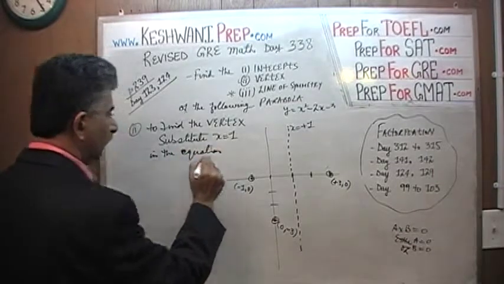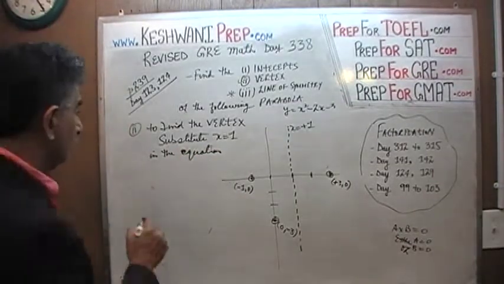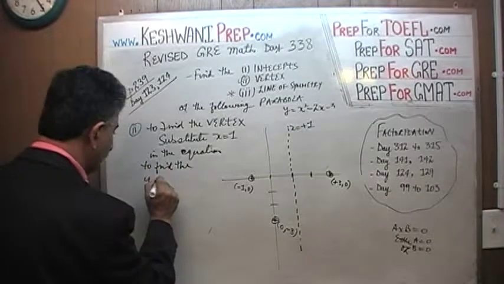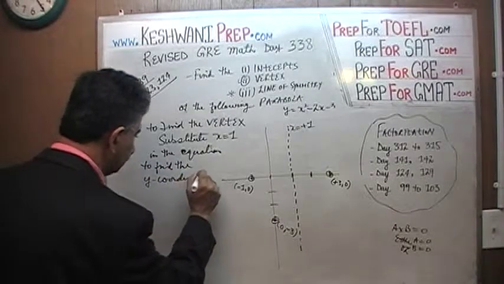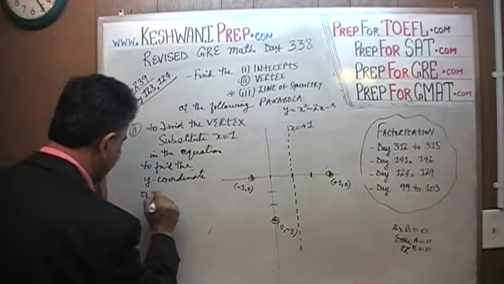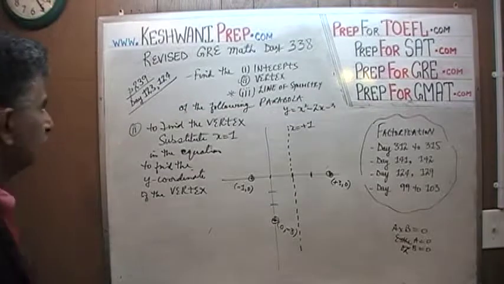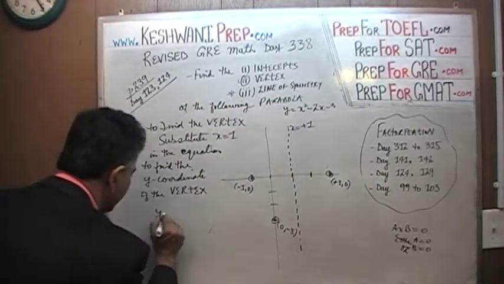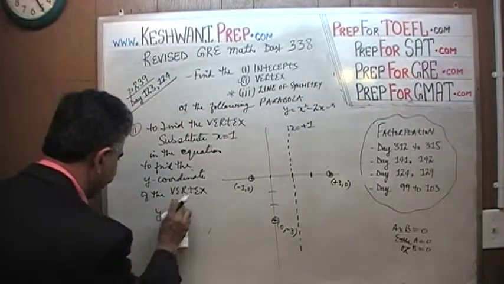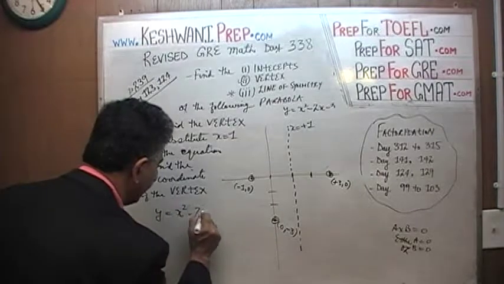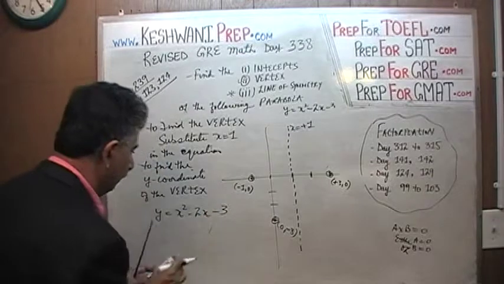I'm explaining way too much here, I shouldn't have to. So here's our equation, y is equal to x squared minus 2x minus 3. We are almost done.